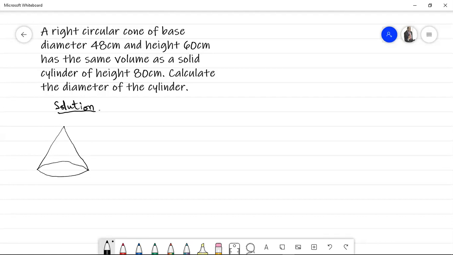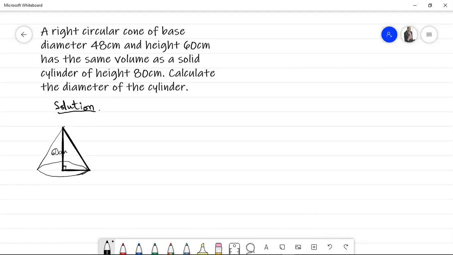Right circular cone simply means that the vertical height is perpendicular to the circular base of the cone. So let's take note of that. This is the height of the cone, height h, and that is given to us in the question as 60 centimeters.